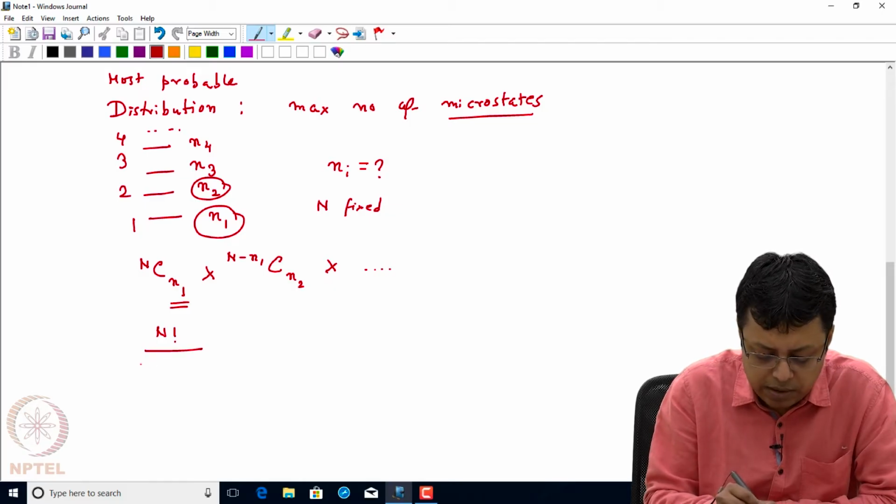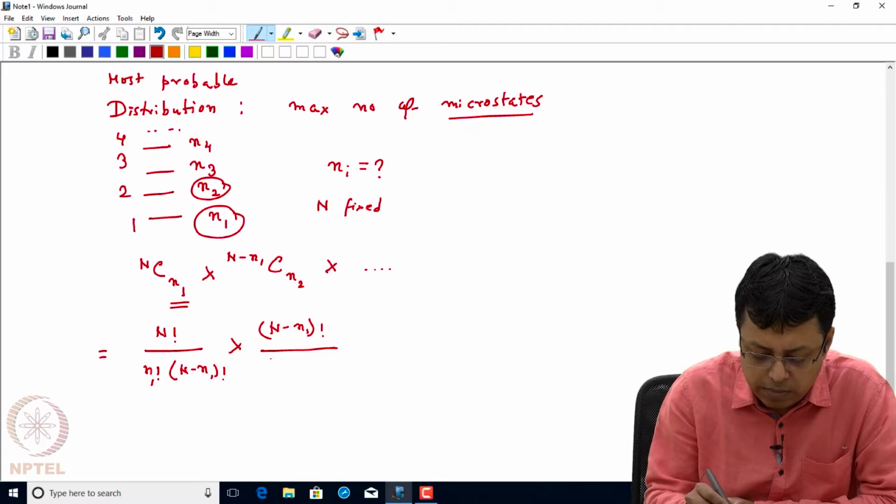So it will be N factorial by N1 factorial into N minus N1 factorial. The second term will be N minus N1 factorial divided by N2 factorial into N minus N1 minus N2 factorial.